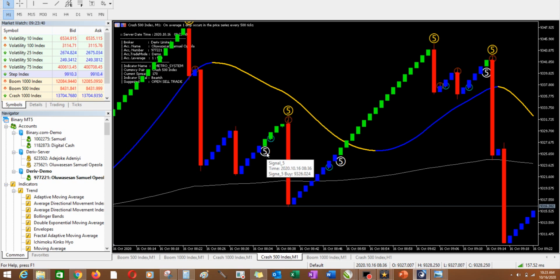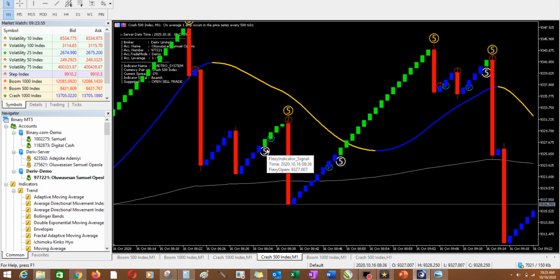Actually it should be in blue color, but personally, because I'm using a black background, I decided to change it to white color so that you all will see it very well. So that is why I made it white, so that it won't be too blue on the black background.